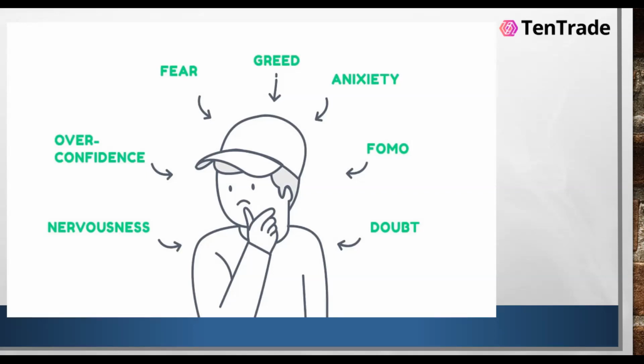You had been waiting for a few hours or a few days and you missed the entry. The next time that you got on your chart, you found out that the trade is now going your way. But you did not want to let the trade go. You wanted to be a part of the trade one way or the other. You now jumped into the trade without taking into consideration other factors. You just risked it. That is fear of missing out.